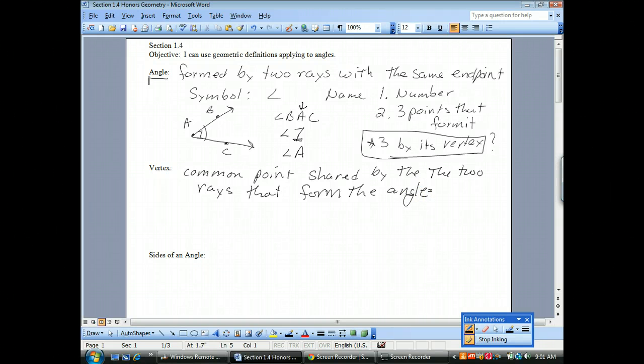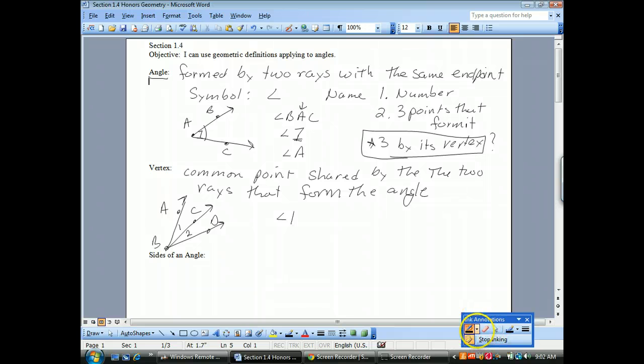Okay, so again, let's say I have this picture. This is A, B, C, D. Okay, and this is angle 1, angle 2. So I could talk about angle 1.